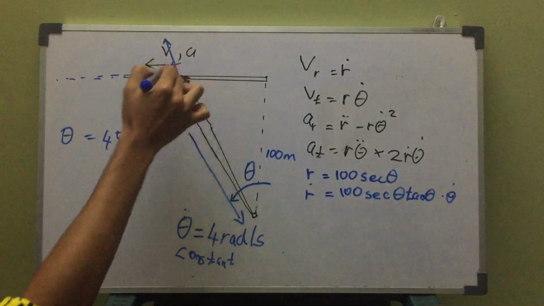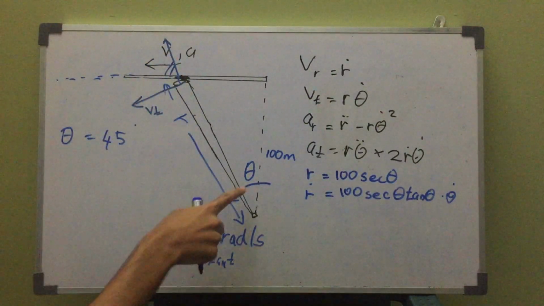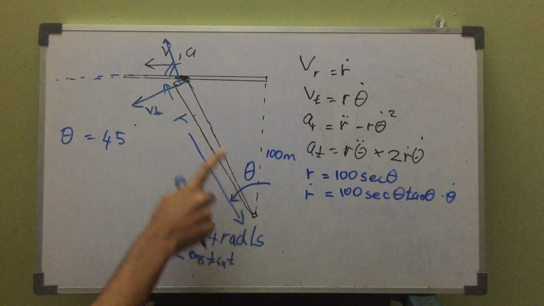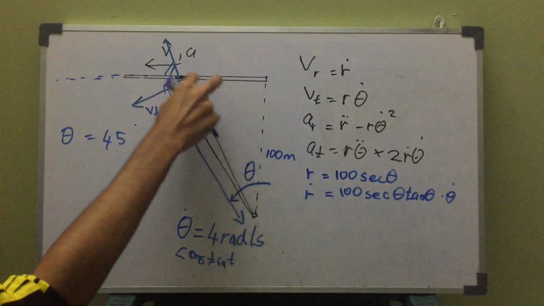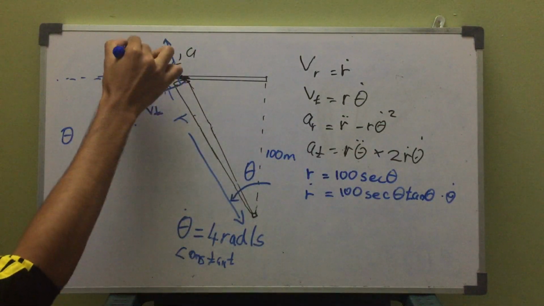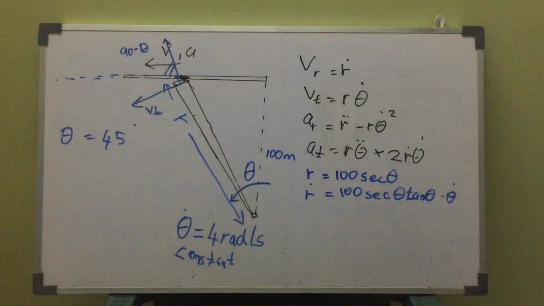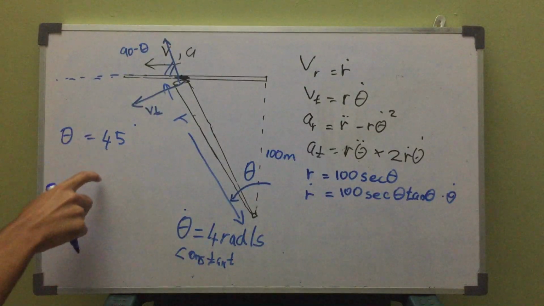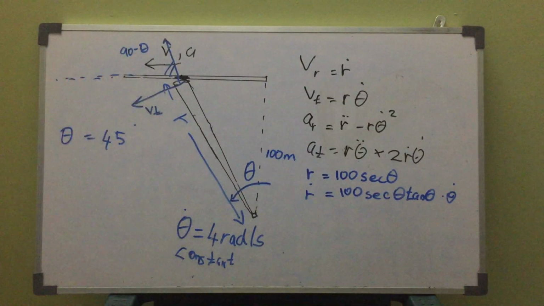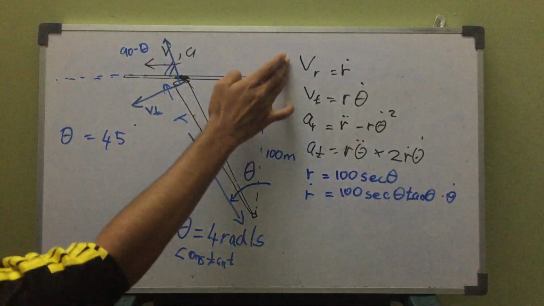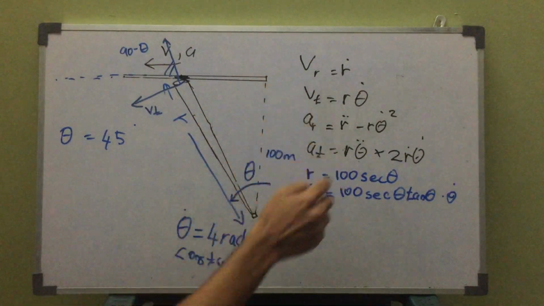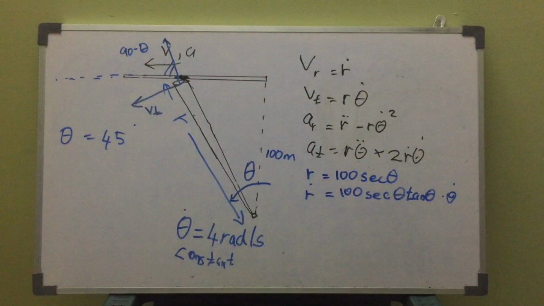We knew this angle here, if it's theta, it's going to be 90 minus theta over here. In this case, it's not a big deal, because this is also theta 45. So this angle would be 45, this angle also would be 45. So we have already found that. So the next thing is, once you find these values, you need to substitute and get the answers.